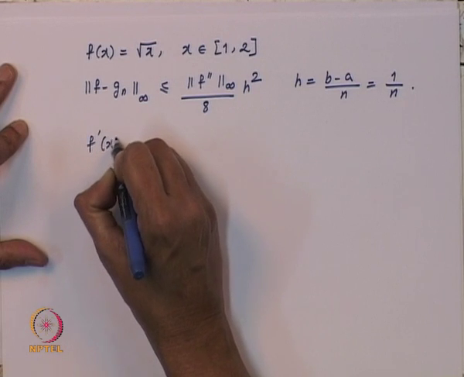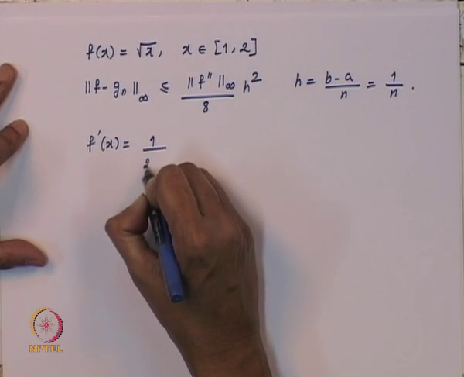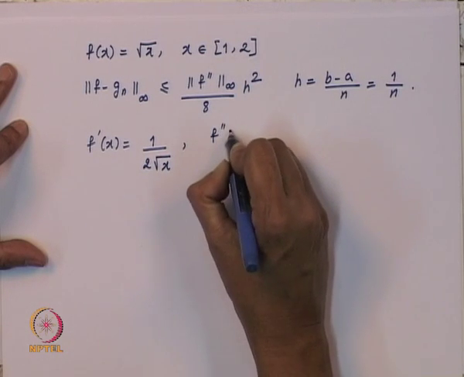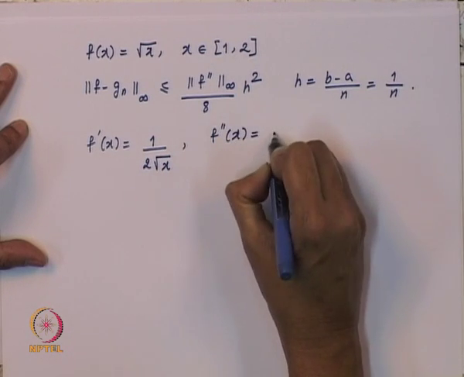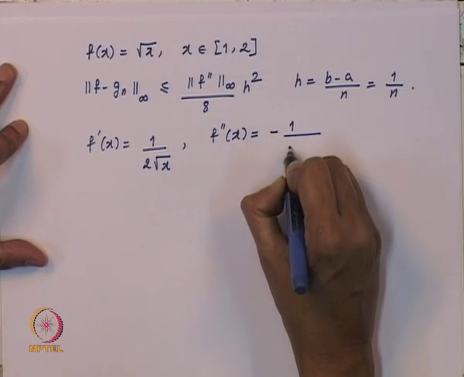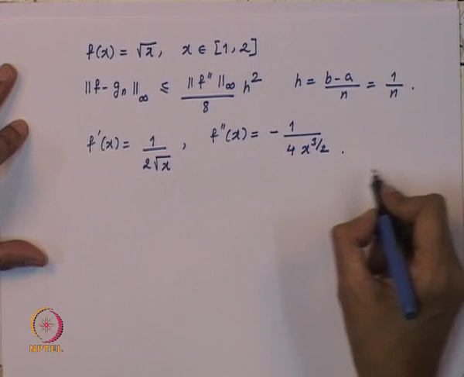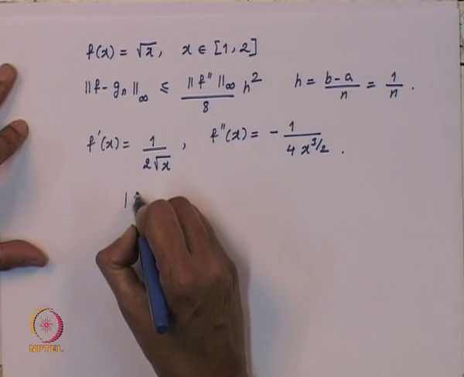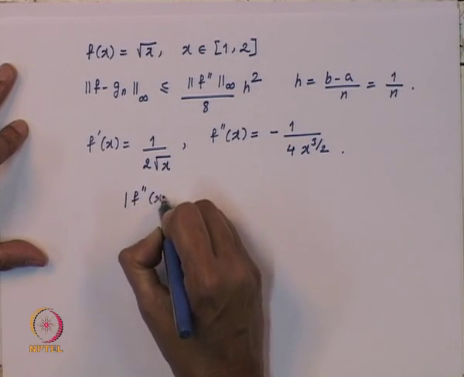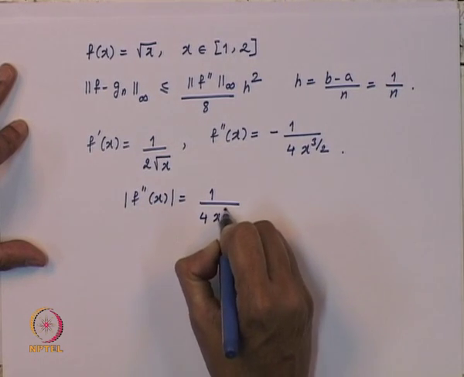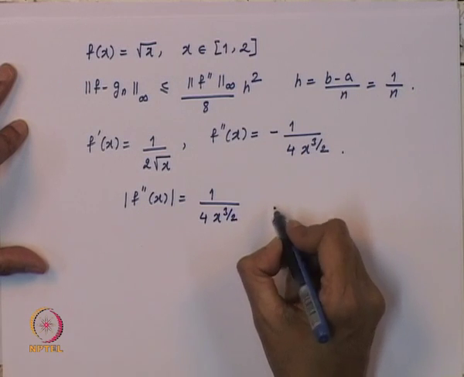f dash x is going to be 1 upon 2 root x, f double dash x will be equal to minus 1 by 4 x raised to 3 by 2. When you consider mod of f double dash x, this is going to be 1 upon 4 x raised to 3 by 2.